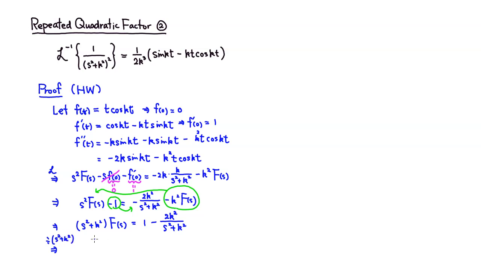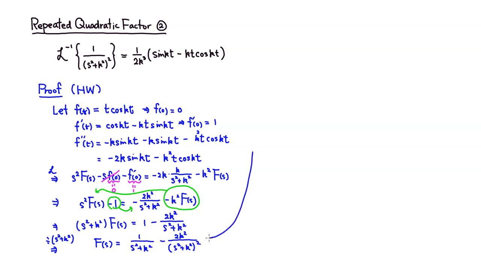So you have F of s is equal to 1 over s squared plus k squared minus 2k squared over quantity s squared plus k squared, squared, right?